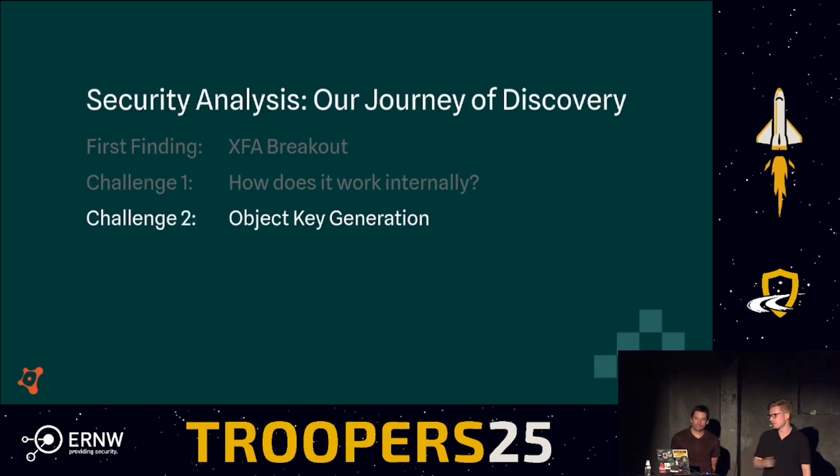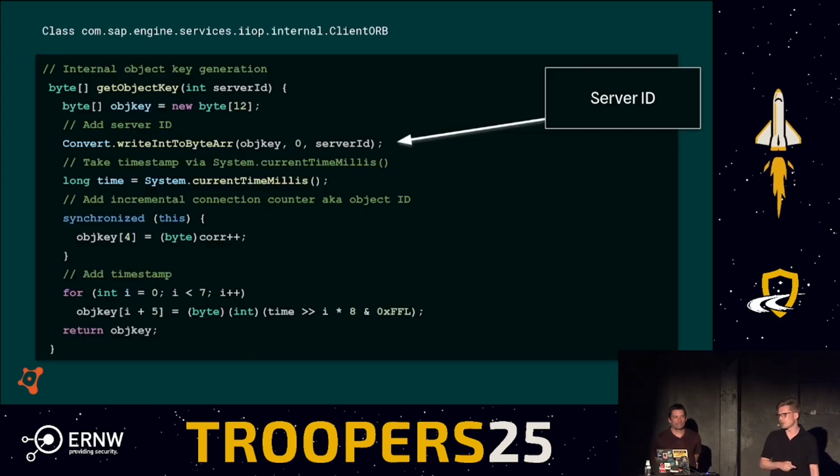So what we did, first of all, was try to understand how this key is generated in SAP's Corba implementation. We did so by doing a code review, and this is what we found. This code snippet shows the method generating this key, and we can learn that the key basically consists of 3 parts. First, we have a server ID, which is like an identifier for the Java instance.